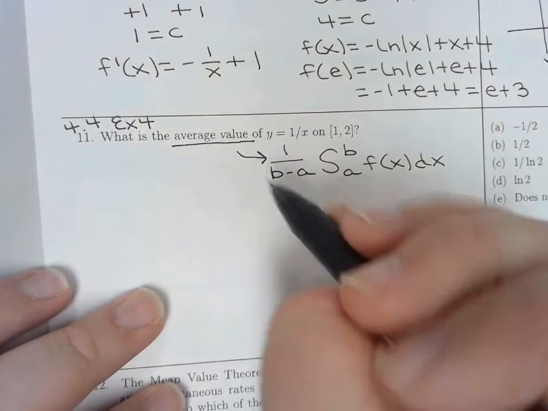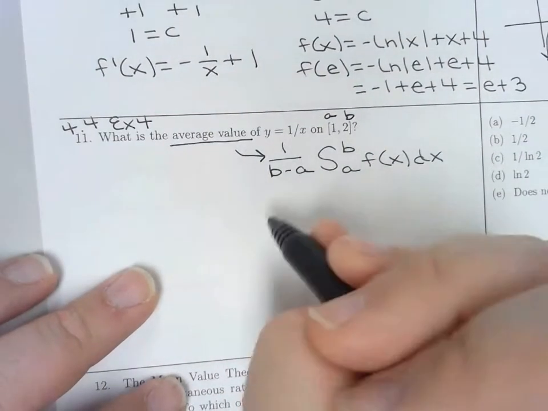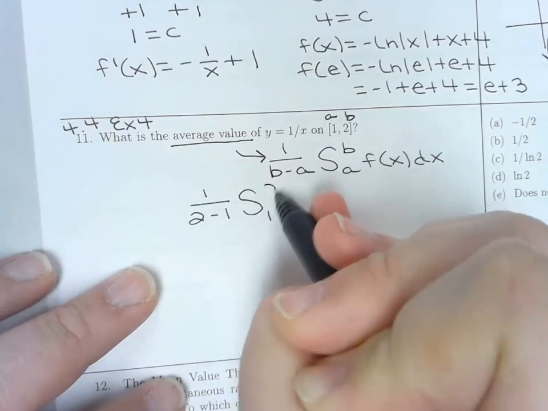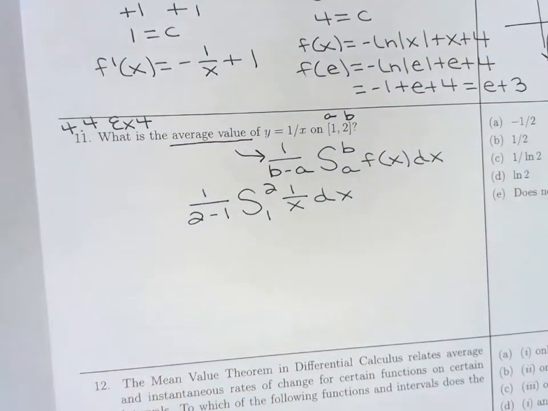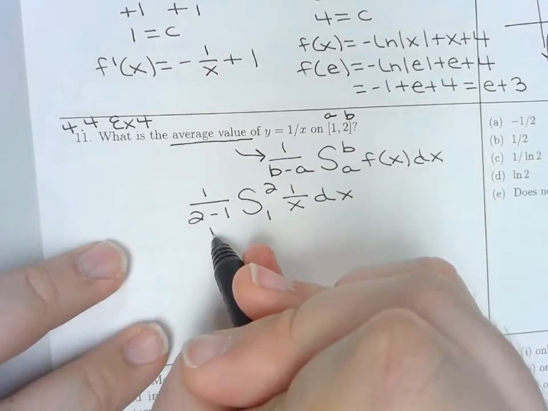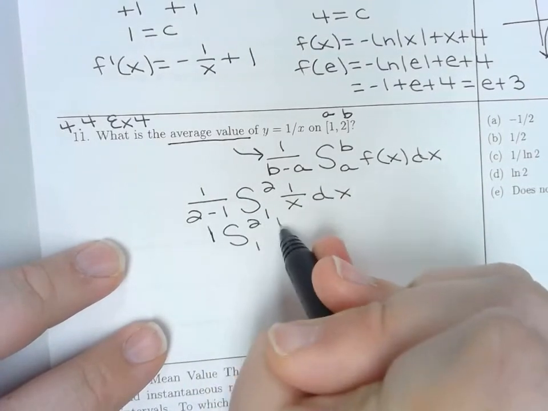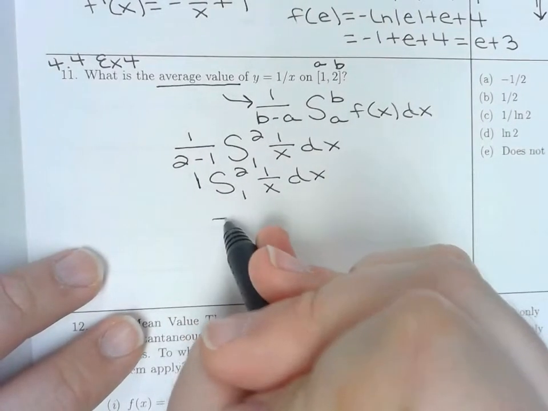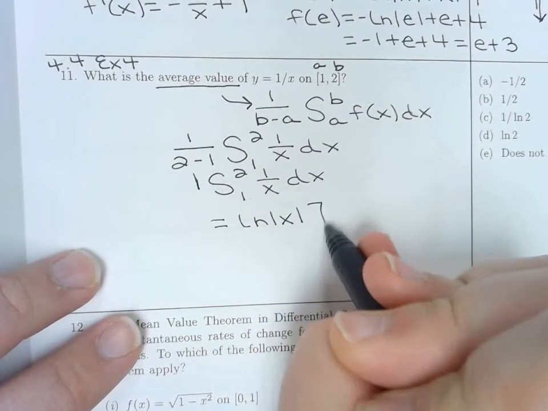Okay, so b is 2, a is 1. So 1 over 2 minus 1 times the integral from 1 to 2 of 1 over x dx. So I plug in a, I plug in b. So this becomes 1 out front, the integral from 1 to 2 of 1 over x. I don't know, that was kind of stupid to simplify that. But the integral of 1 over x is ln absolute value of x, from 1 to 2.